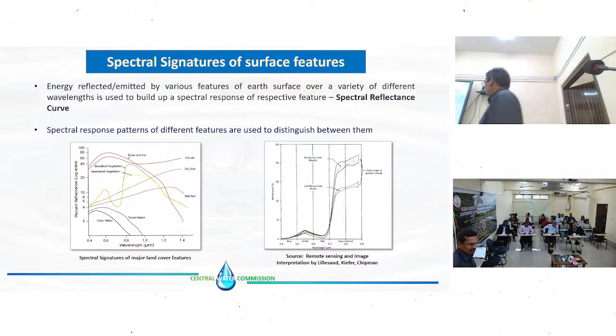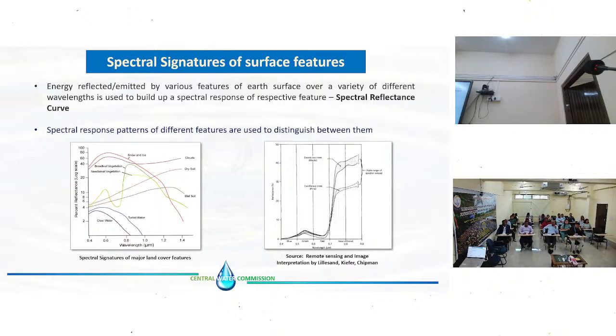So these are the spectral reflectance curves of different features. This is for clear water. If it has turbid water during a flood, because particles may be reflecting more, it has a higher curve.